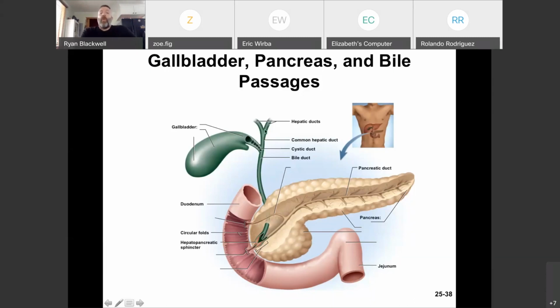So once the duodenum fills with chyme, the filling and stretching of the duodenum opens up a sphincter here called the hepatopancreatic sphincter. Hepato for liver, pancreatic for pancreas. When the duodenum is empty, this sphincter is closed.